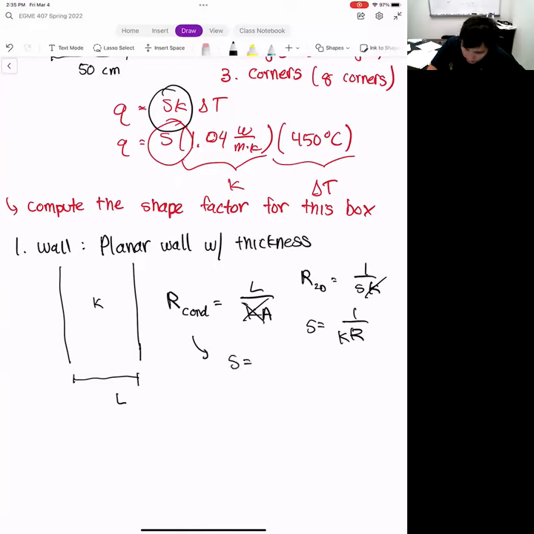And so the shape factor for our planar wall here is just going to be A over L.